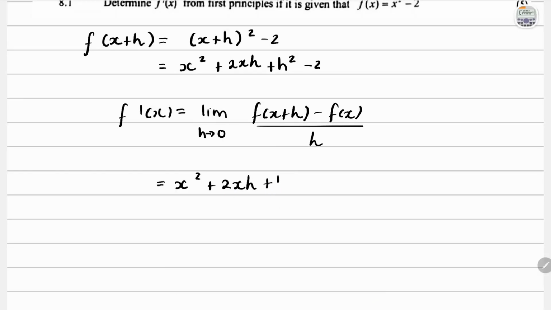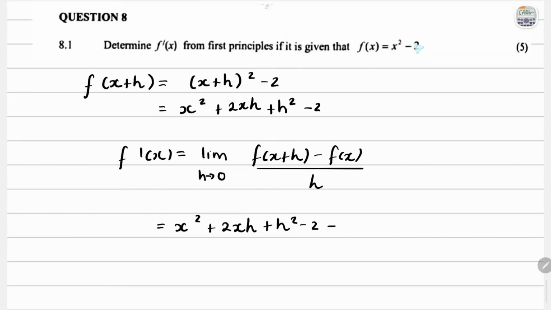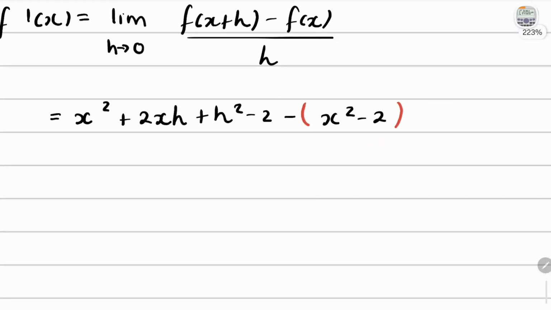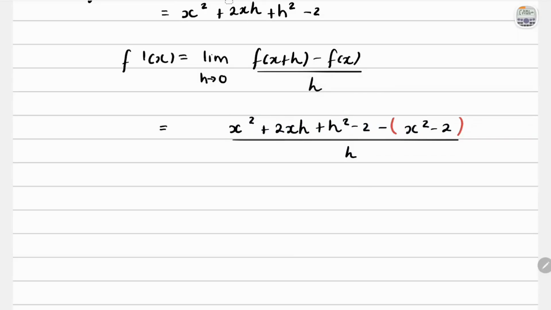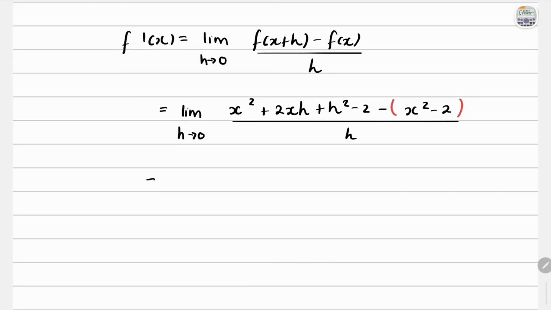So we have that plus h squared minus 2, then minus f of x. You see that it has two terms, so you need to protect that with brackets. So we're going to say x squared minus 2, and then it goes all over h. And I just realized I forgot to write the limit. Okay, so we need to make sure we write that, because we're finding the limit.